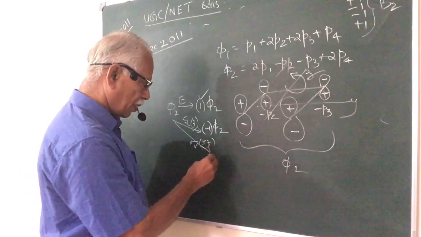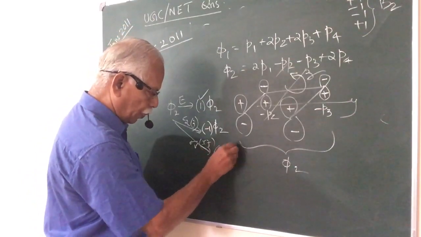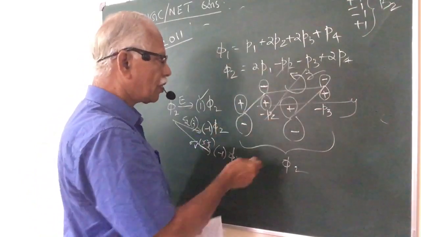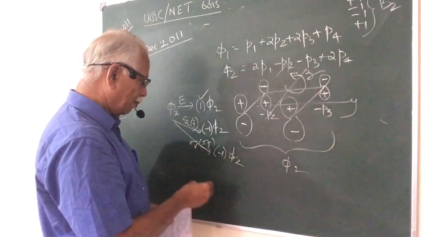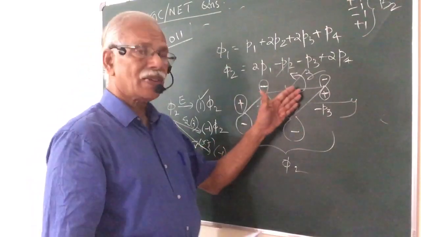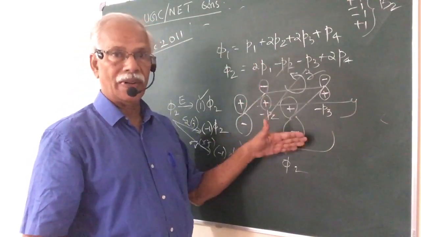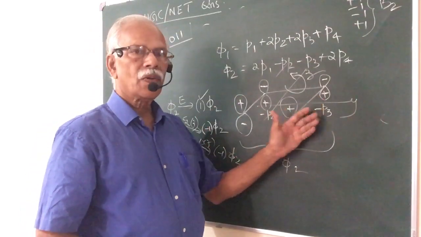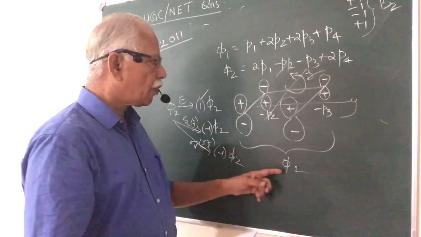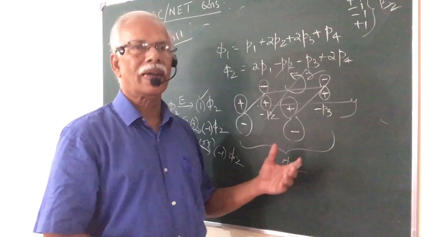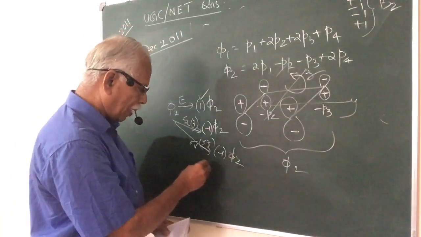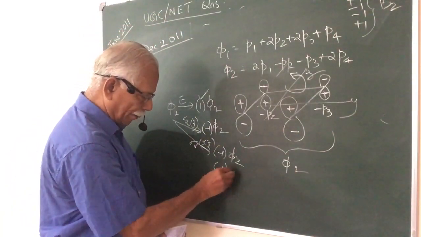So it is minus 1 into phi 2. And when sigma v dash is done, the whole picture of phi 2 remains exactly like that, as if multiplied by plus 1.